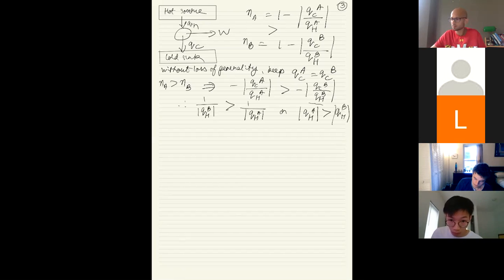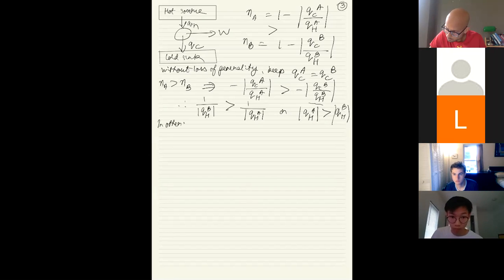In other words, if you are going to keep the temperature of the cold sink same, it must mean that, let me write it down.